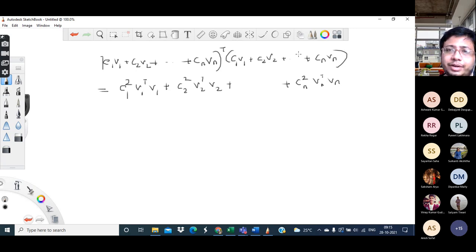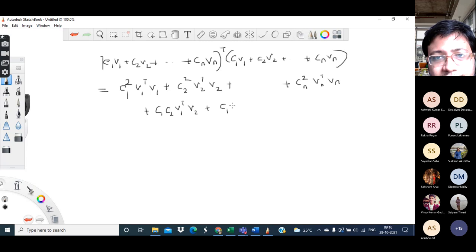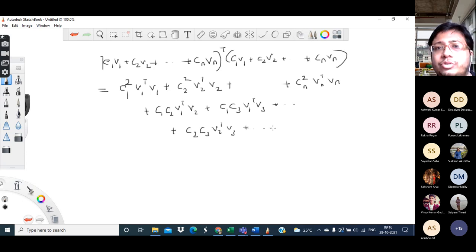Along with it, we will also get terms like C1 C2 V1 transpose V2 plus maybe C1 C3 V1 transpose V3, etc. Similarly, we will get C2 C3 V2 transpose V3 and all kinds of cross terms.